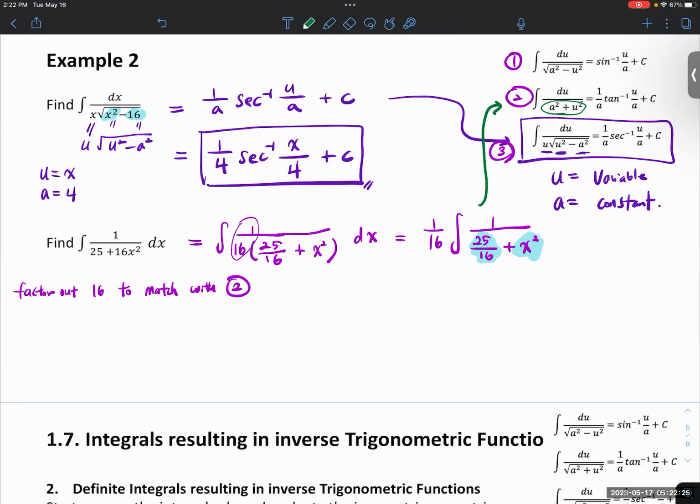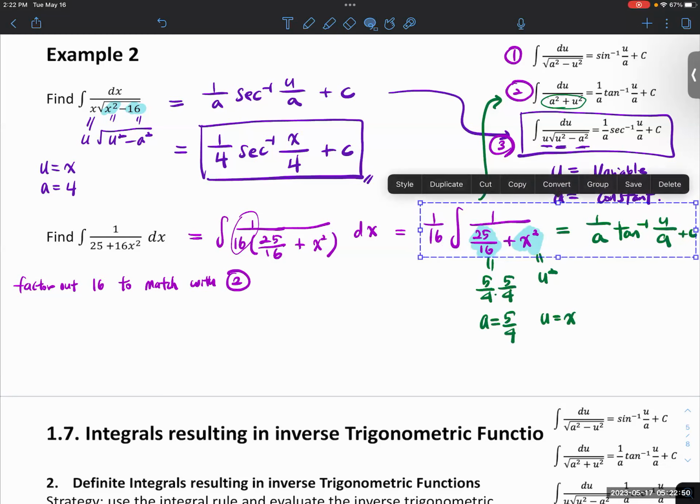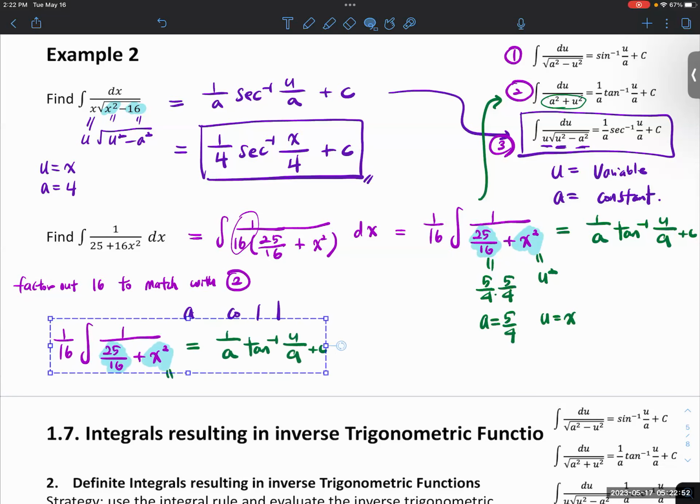a squared plus u squared. So this is 5 over 4 times 5 over 4, so a will be 5 over 4. And this is u to the second power, so u will be x. So we have the u and a. And then this one will be 1 over a tangent inverse of u over a plus c. So if I'm plugging in, let me copy this. So we have all the information now.